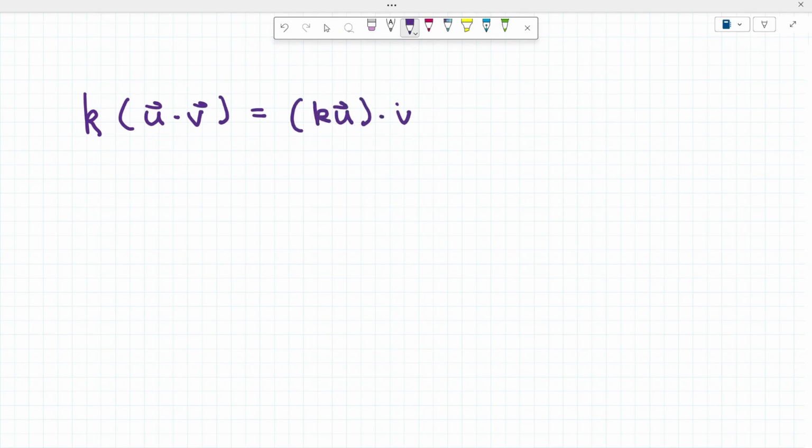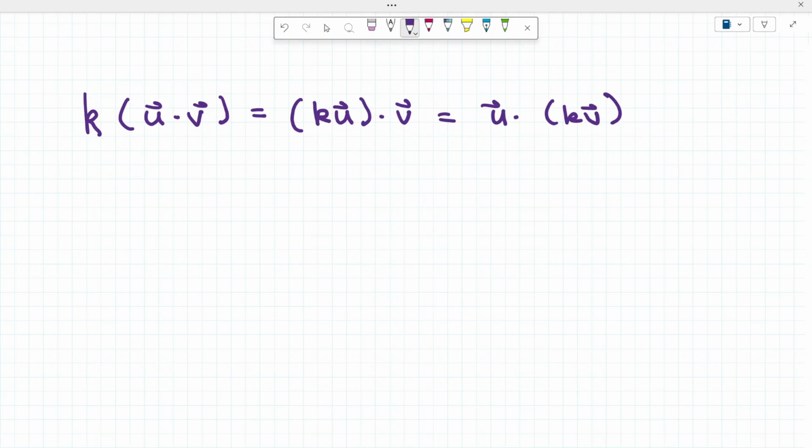So this kind of just shows some of their distributive properties. If we have a scalar multiple k, and then we have u dot v, we can associate it as ku dot v, which also equals u dot kv.